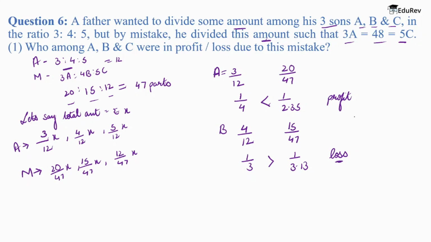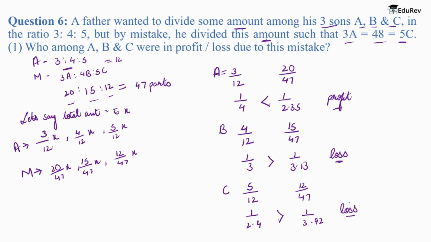For C, the actual ratio is 5/12, but by mistake he got 12/47. Now if we simplify it, this becomes 1/2.4, and this becomes 1/3.92. Right? So here the actual is greater and by mistake he got less. So even C is in loss.